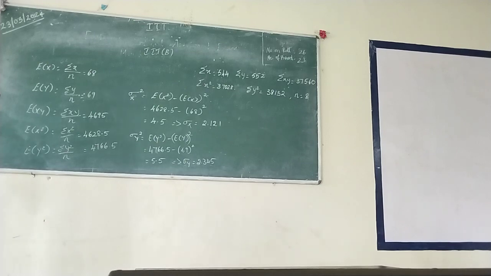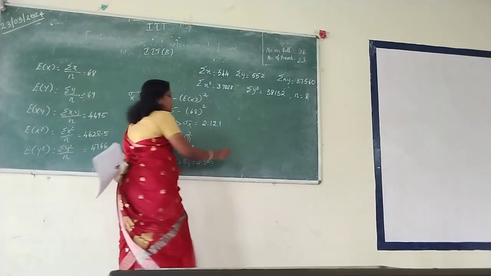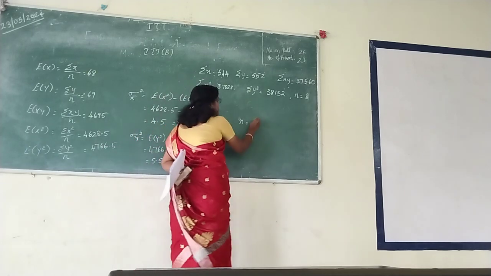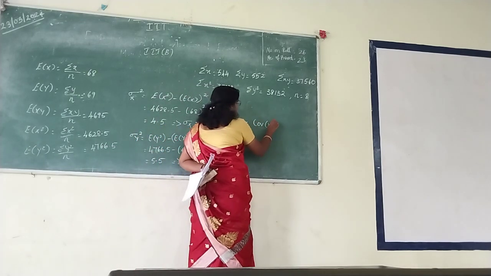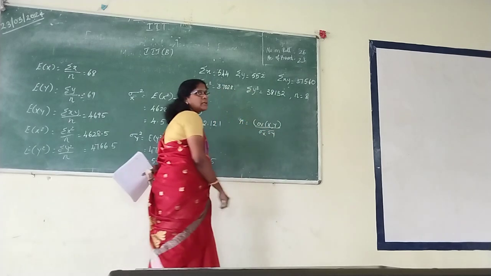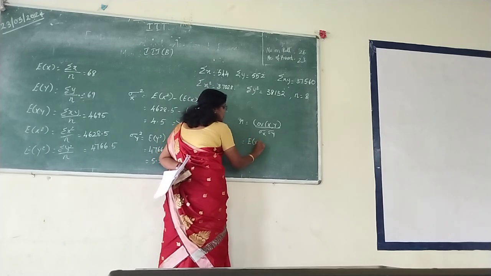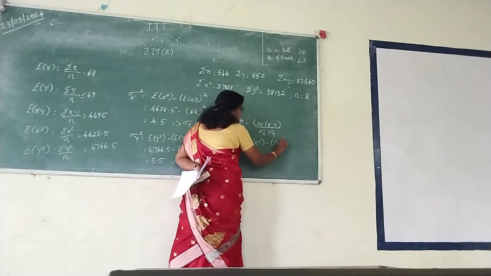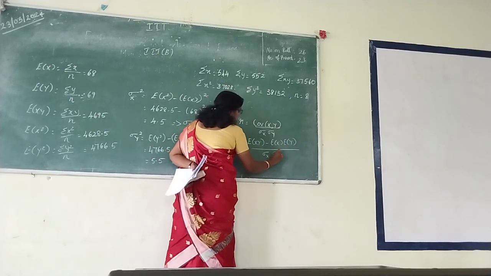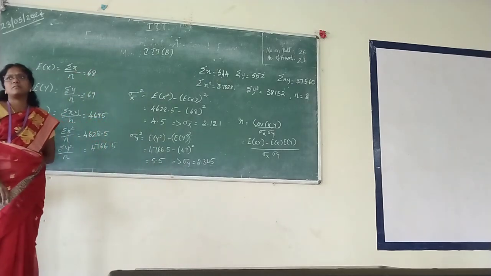Now the final step. Correlation coefficient r is equal to covariance of xy divided by sigma x sigma y. What is our covariance? E of xy minus E of x into E of y, divided by sigma x sigma y. Now substitute everything.